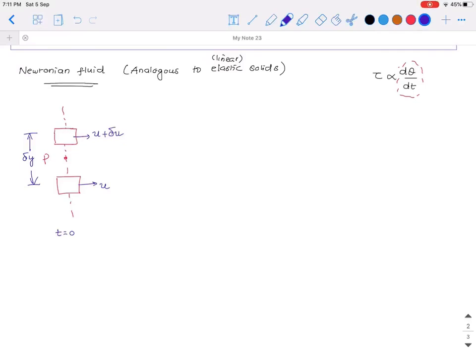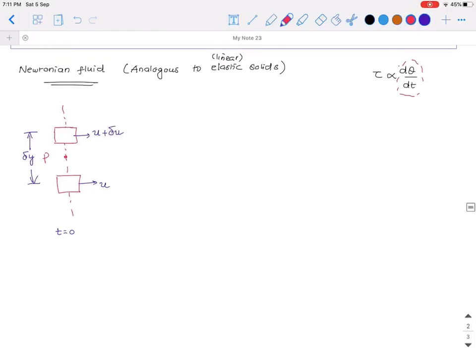What would happen at t plus delta t? The particle above would have moved a distance of u plus delta u times delta t. The velocity multiplied by the time gives you the displacement.